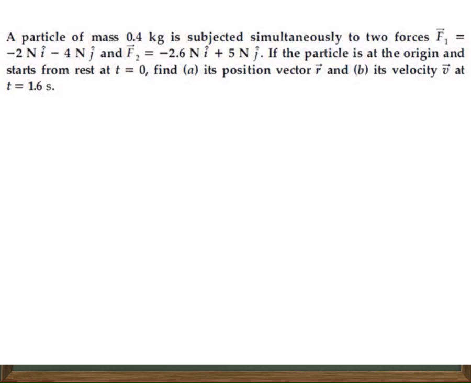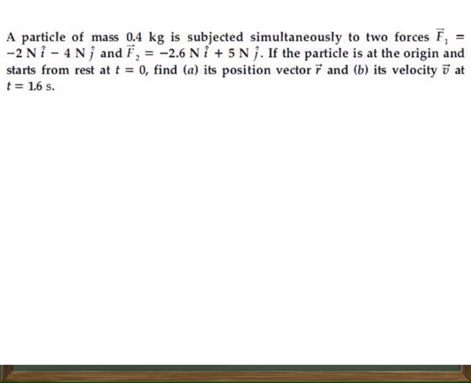It is -2.6 newtons in the x direction and 5 newtons in the y direction. It says if the particle is at origin, that means its initial position is 0, right? And it starts from rest, that means its initial velocity is 0. At t equal to 0, find its position and its velocity at t equal to 1.6 seconds.